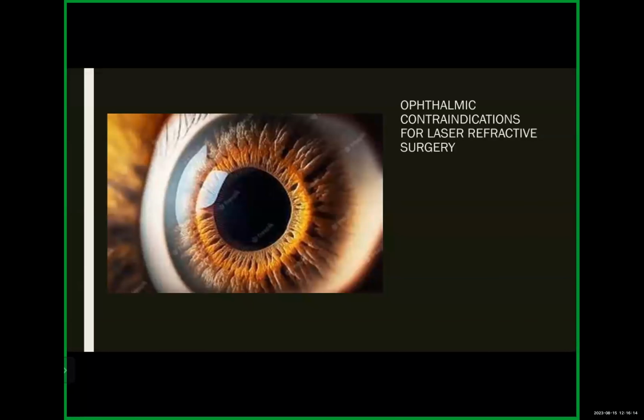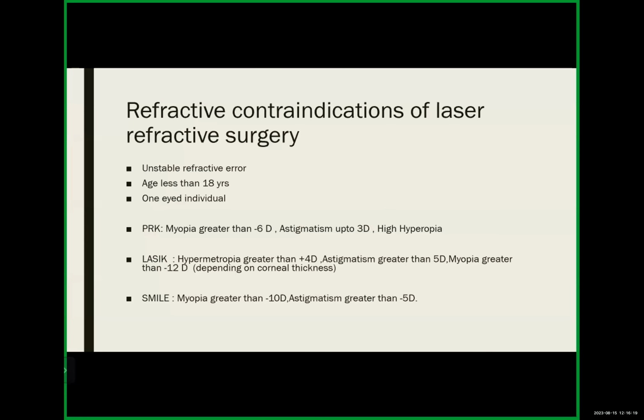Now, my topic, contraindications. The contraindications for laser refractive surgery are, first, unstable refractive error. We should have a stable refractive error. Age of the candidate less than 18 years. One-eyed individual.